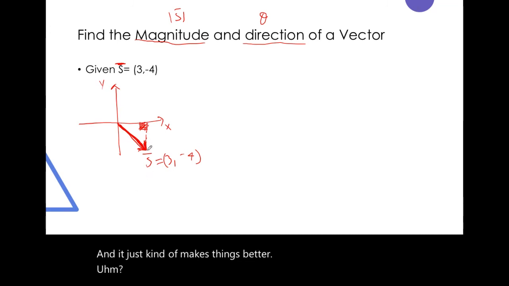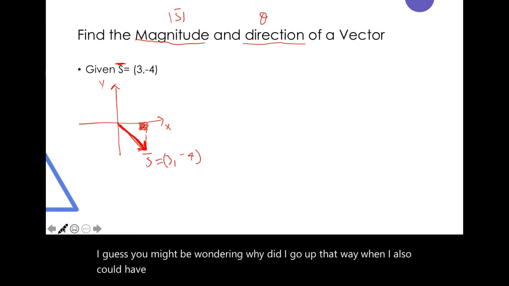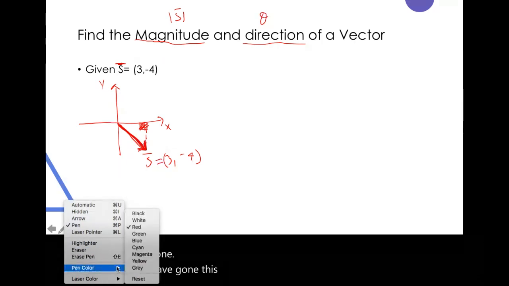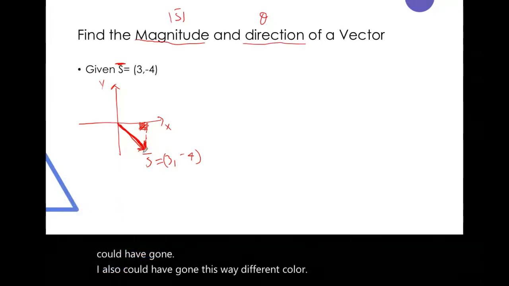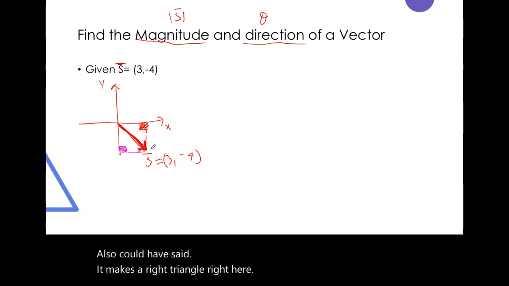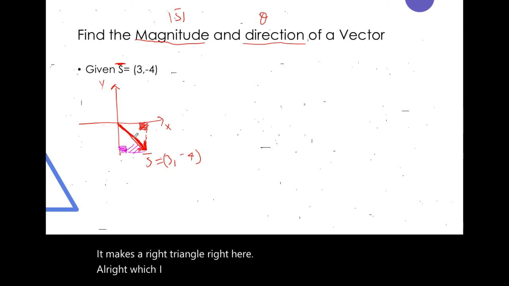Now I guess you might be wondering, why did I go up that way when I also could have gone this way. Just a different color. I also could have said, well, it makes a right triangle right here. Alright, which I guess you would have been right to say that.